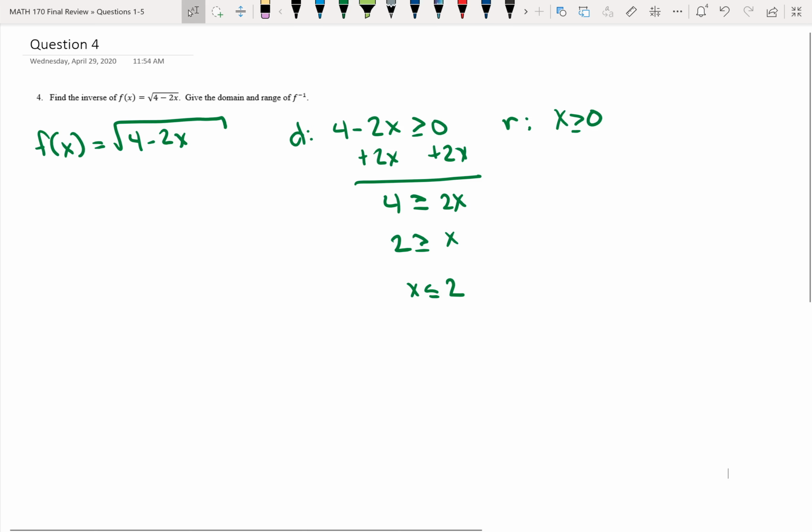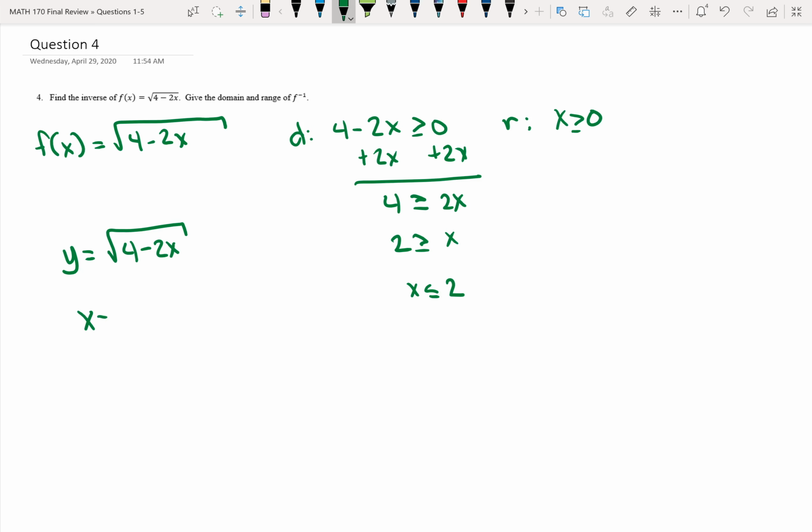Okay, to find the inverse of a function, the first thing we do is we change f of x to y. So we have y is equal to the square root of 4 minus 2x. And then what we do is we switch the x and the y's places. And then we solve for y.